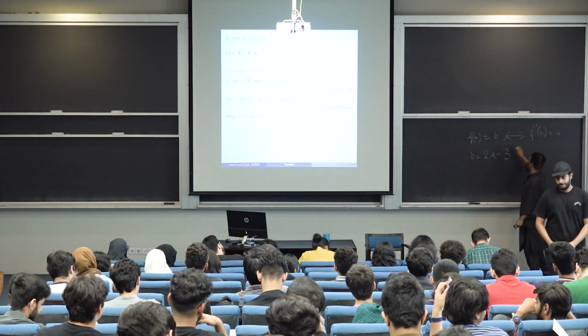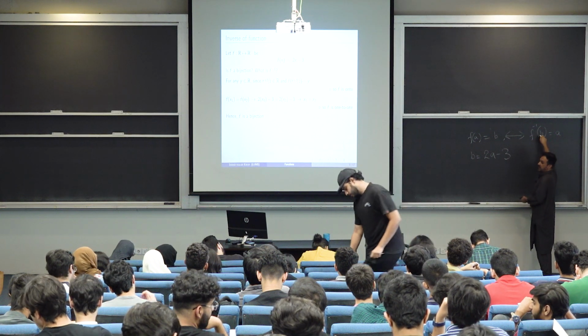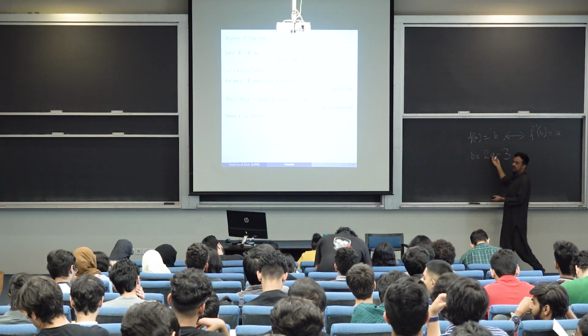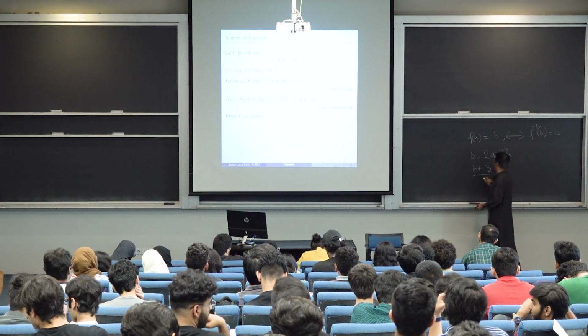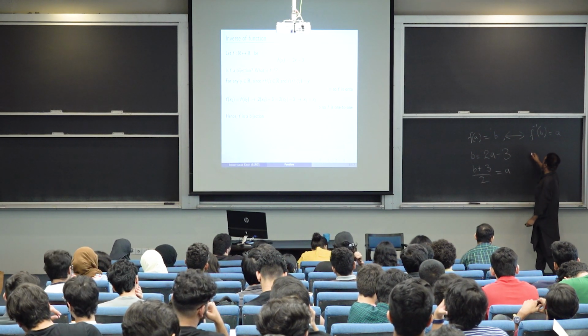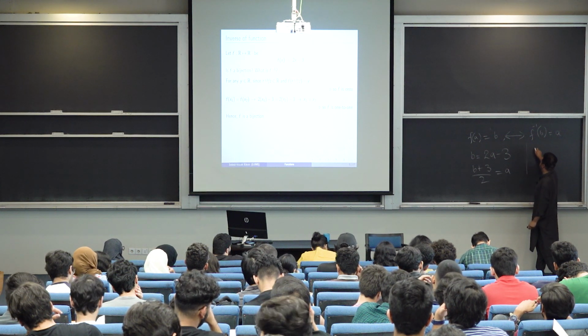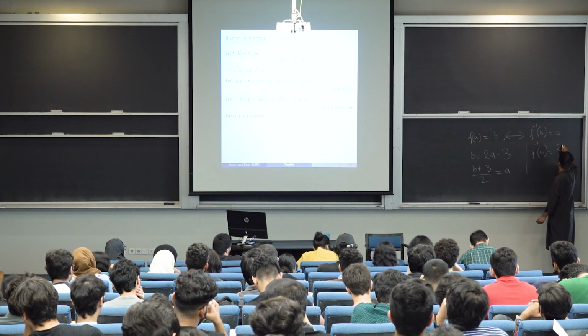Now, what should be the a for this b? To solve this for a, you get (b plus 3) divided by 2 is equal to a, right. So, this is f inverse of b should be equal to that.